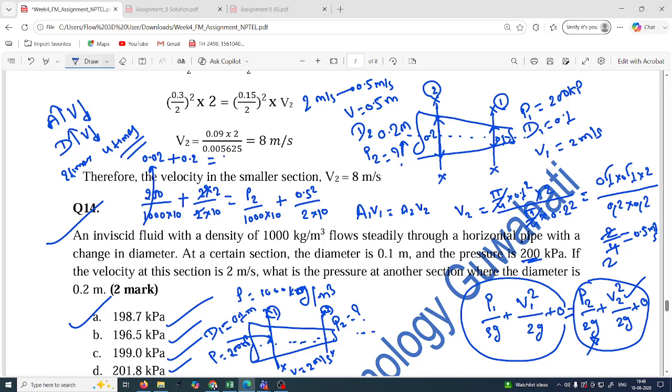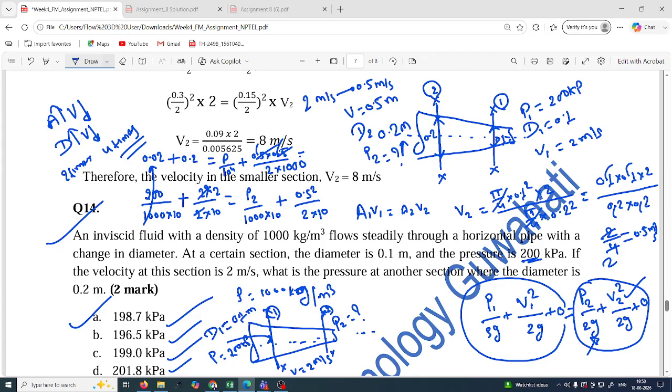Now P by 1000, or 10 raised to 4 I'll write here, plus 0.5 into 0.5 divided by 2 into 10. 25, 5 into 5 is 25.